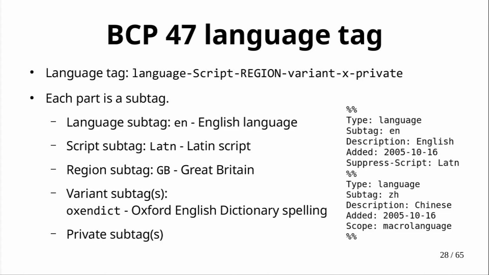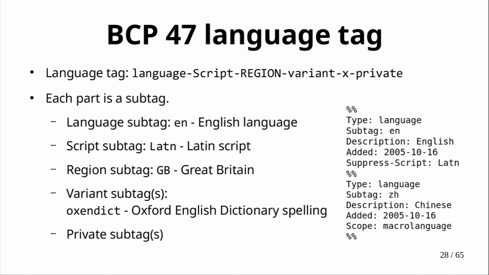So you apply a -x- and you can use private subtags, but when you use private subtags, that means your subtag is only something defined by yourself and not something universal. As you can see in the example format, language uses all lowercase, script uses the first letter uppercase, region uses all uppercase, and variant and private use all lowercase. Each part is a subtag.